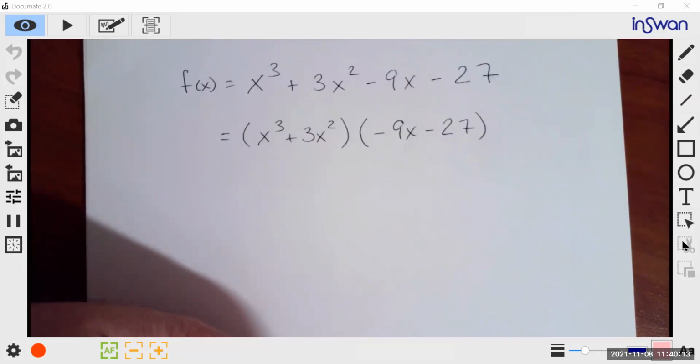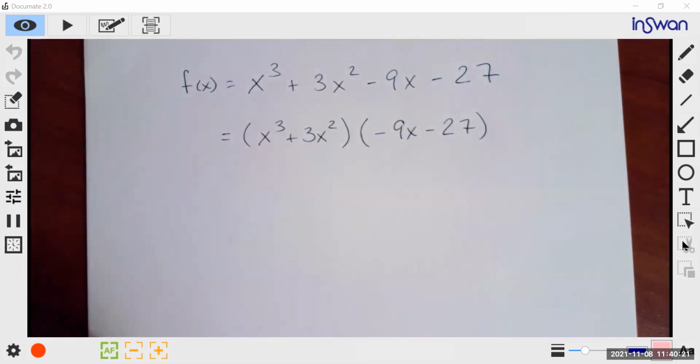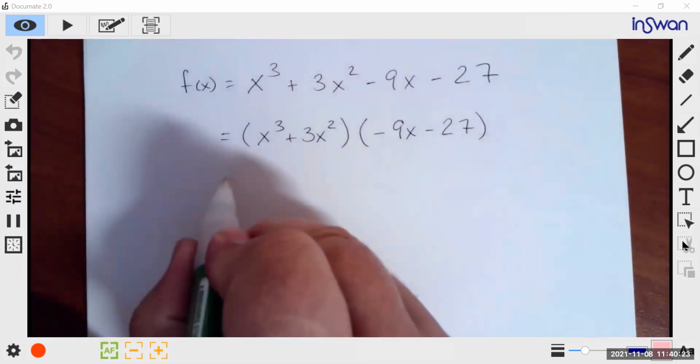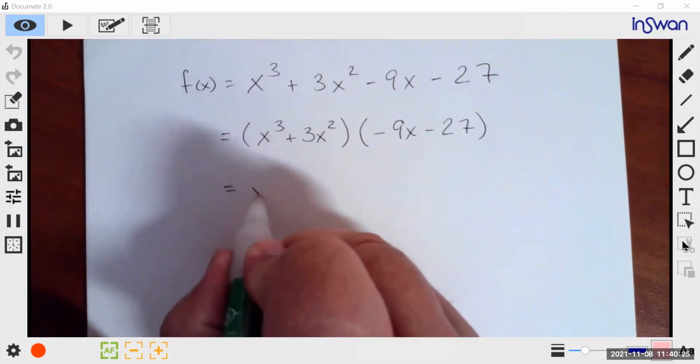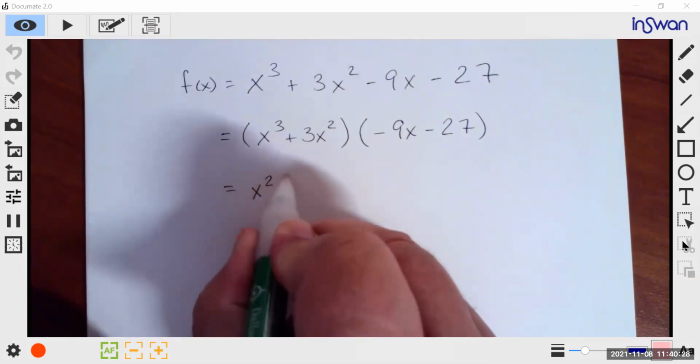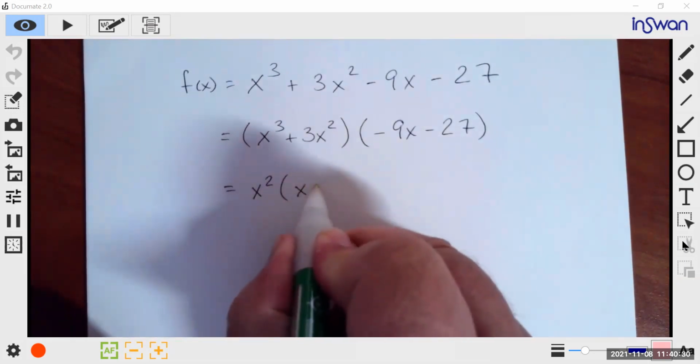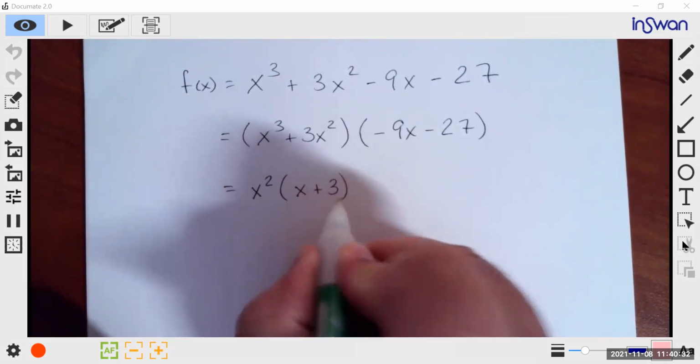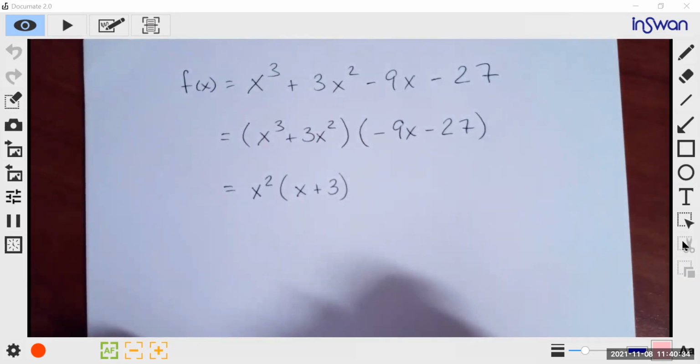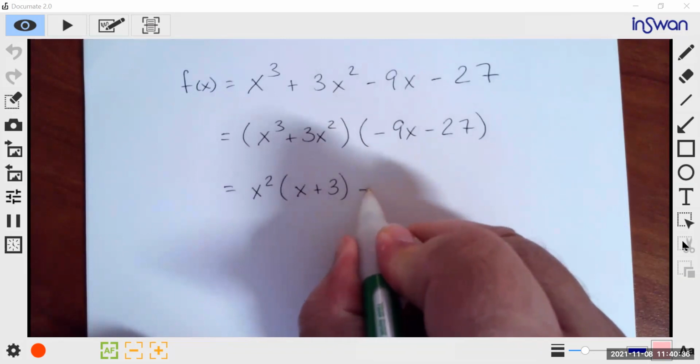So I use grouping, put parentheses in the first two and the last two, include the negative in the middle. Factor out what you can.